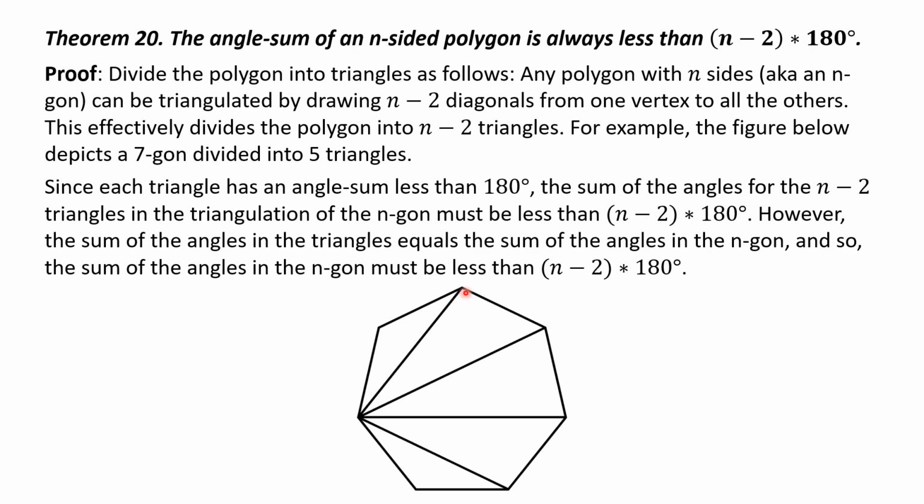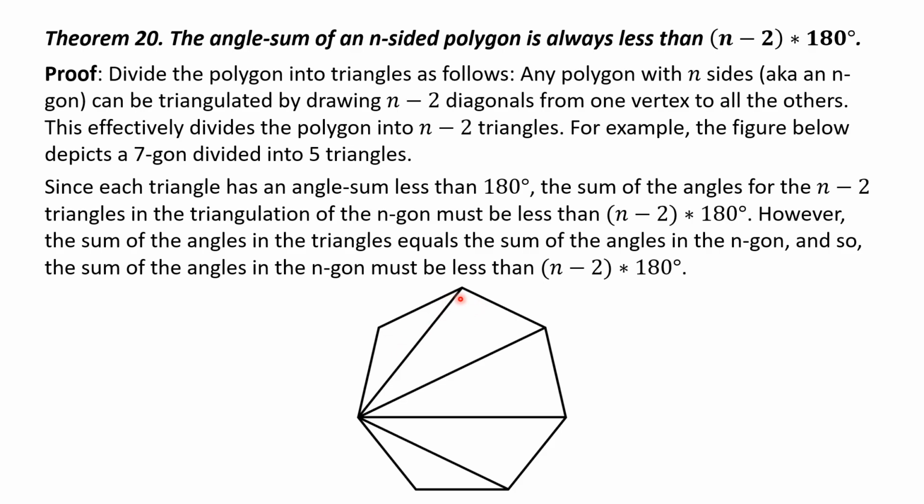The angles in the n-gon, of course, are these vertices here. And if you look at all the angles from the triangles, this one angle here of the polygon makes use of all 5 of the triangles. Then this vertex of the polygon makes use of just one angle from one triangle.